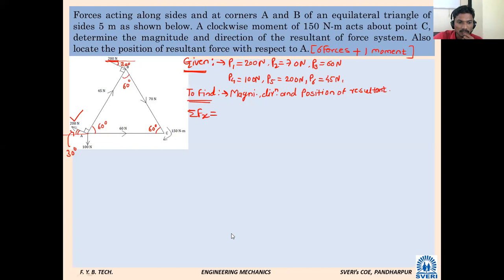Guru, you are telling this answer. Who told the answer? Sir, my answer is 146.98. 169. 169.13 is the answer. Anyone got any other? If not, we will solve. We will not waste time. Shall we solve?